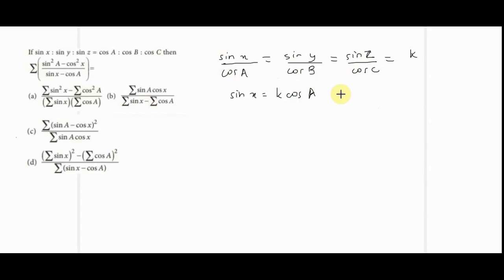And just to clarify the notation, what do you mean by something like summation sin a cos x? This means sin a cos x plus sin b cos y plus sin c cos z.